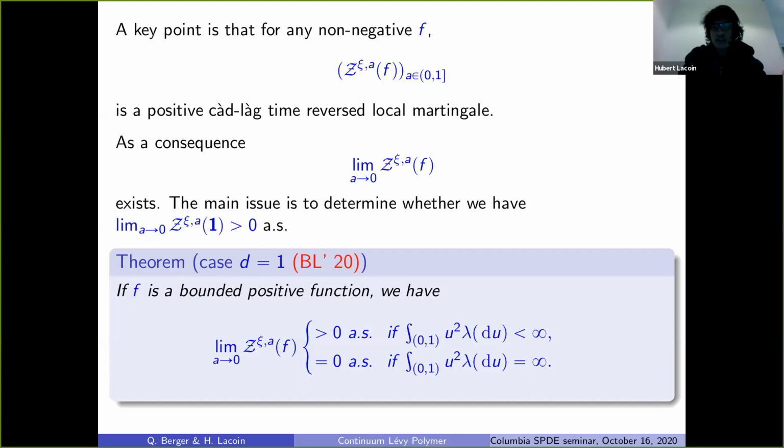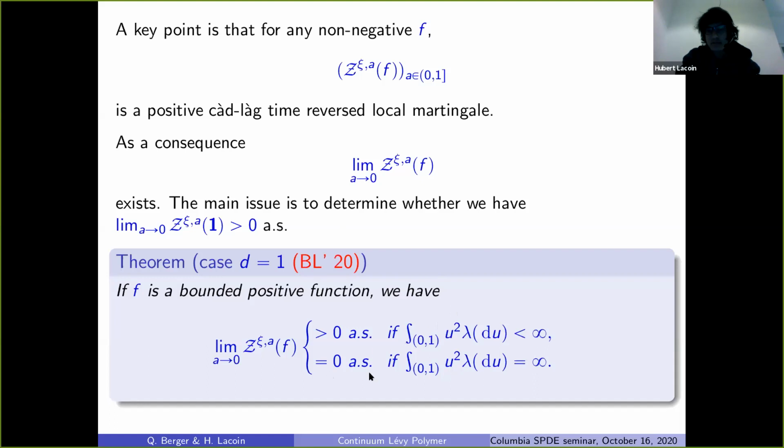So in dimension 1, apart from this condition for large jumps that I discussed before, you can define the continuum polymer with Levy noise for any kind of noise. The only condition you have is the condition for the noise to be well defined, which is u squared to be integrable at 0.